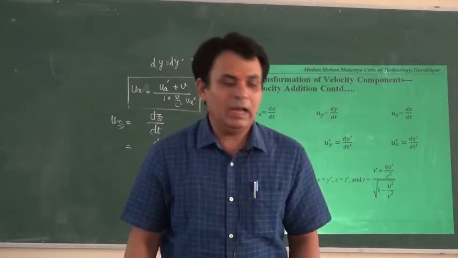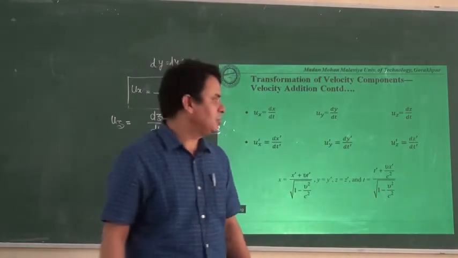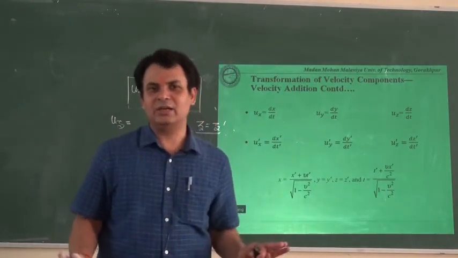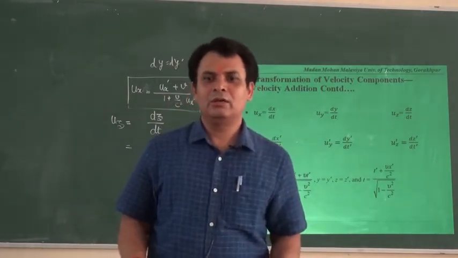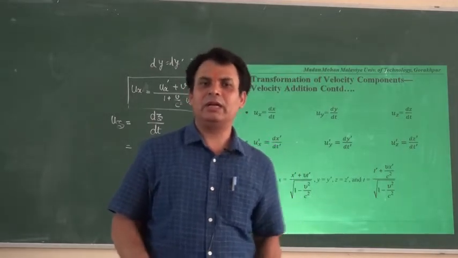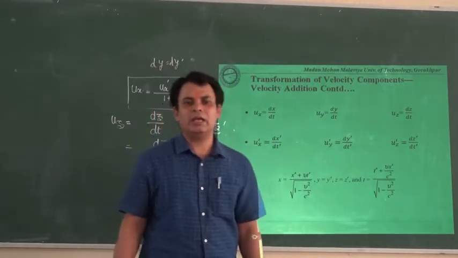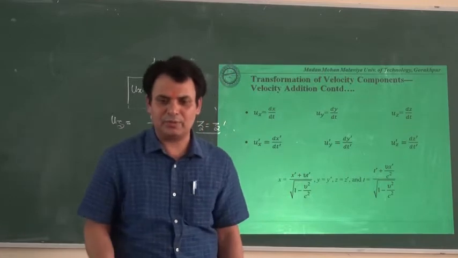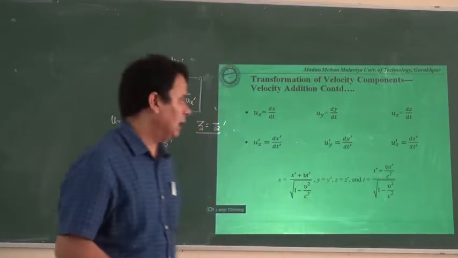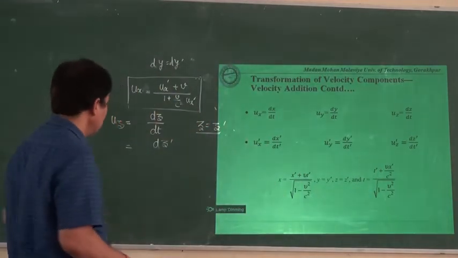Why? Because along the z axis there is no change in the velocity. The velocity is changing only along the x axis, because the s dash frame of reference is moving along the x axis.